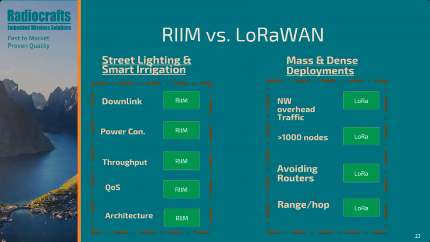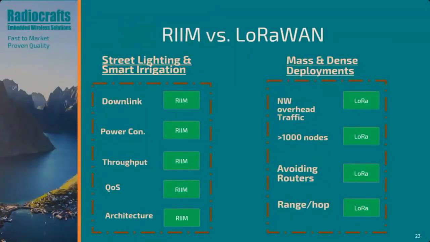Does this mean that RIIM is the best solution ever under any circumstance in any use case? Not quite, because if you look at mass and dense deployments, they require less network overhead traffic. In that aspect, LoRa wins. You might need more than 1,000 nodes per one gateway. In that, LoRa wins.